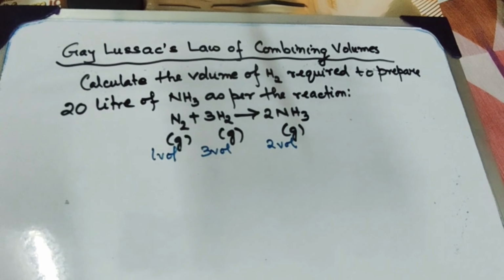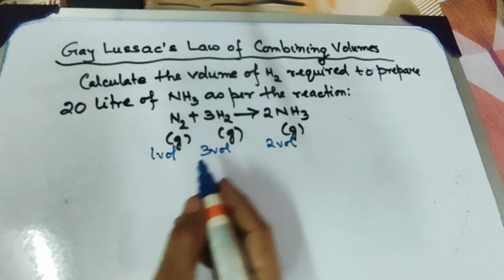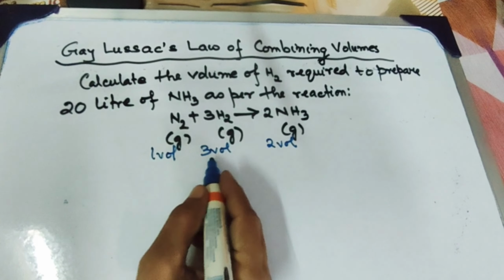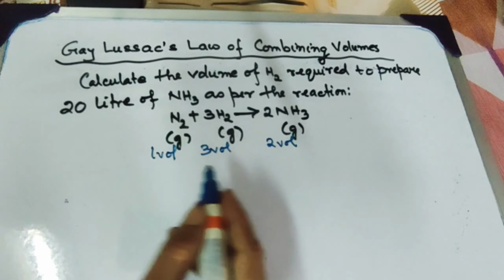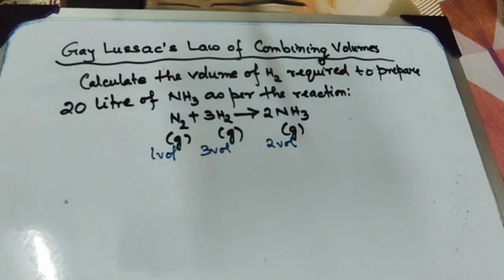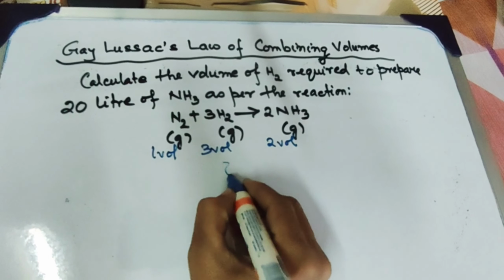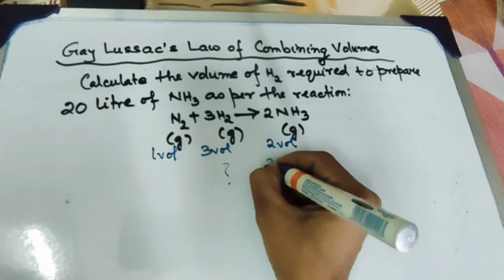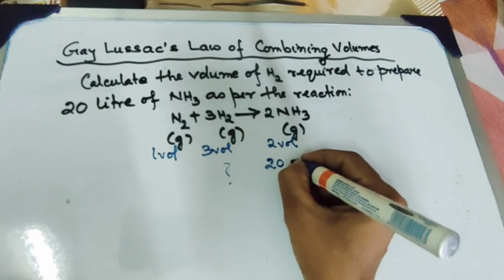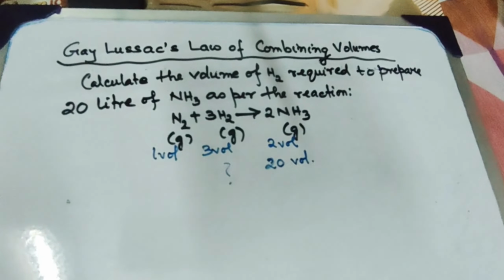So if it is 3 volume of H2 combining with 1 volume of N2 to form 2 volumes of NH3, then calculate the volume of H2 required to prepare 20 liters. So I can consider this as 20 volume.